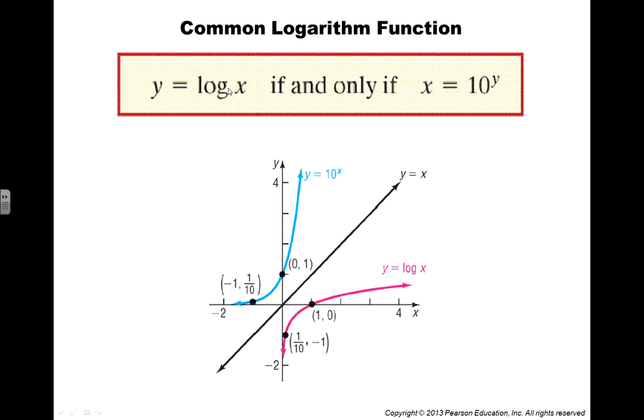We are implying that when there's no base written, it's base 10. So y equals log x means x equals 10 to the y power. The graph gets really close to the y-axis, swings and hits (1, 0), and then goes off in a rainbow-like manner to infinity.